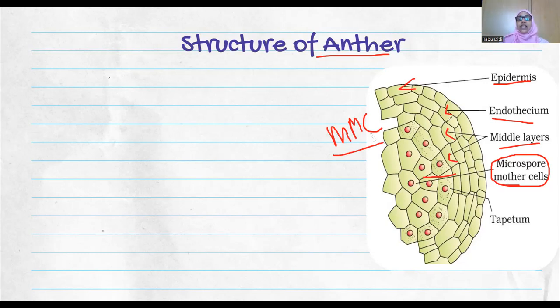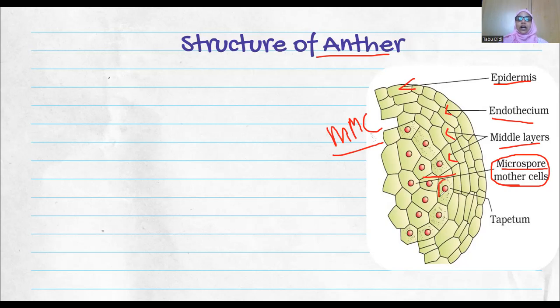That is why here we are calling them microspore mother cells. When we discuss the female reproductive part, we will call them megaspore mother cells. Remember, microsporophyll and megasporophyll. Pollen grains are very minute structures, which is why they are known as microspore mother cells.